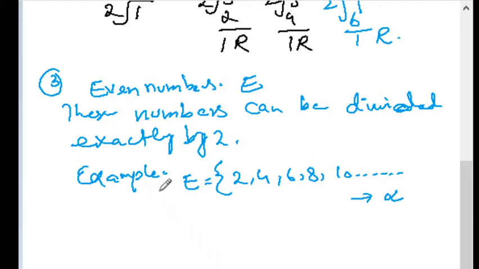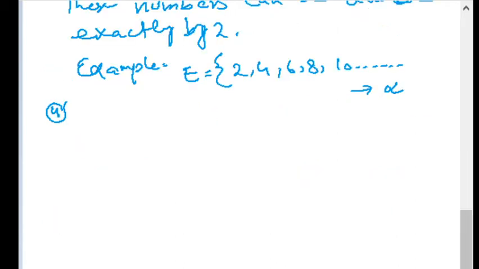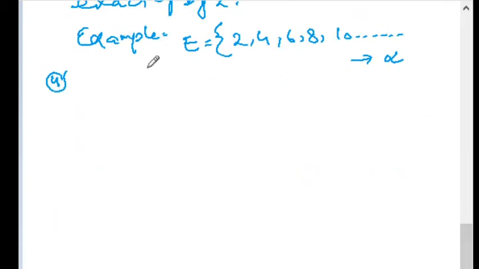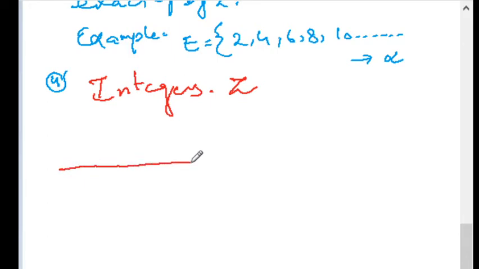Okay, now type 4 is integers. Integers are represented by Z. To explain integers, I will draw a line here.